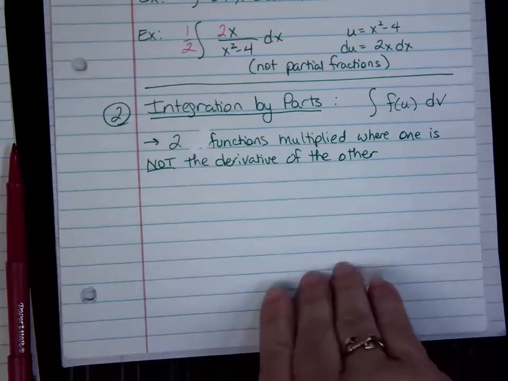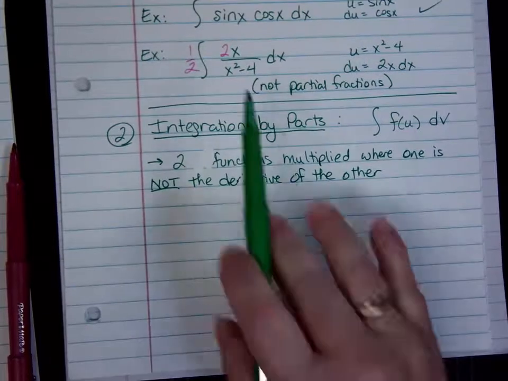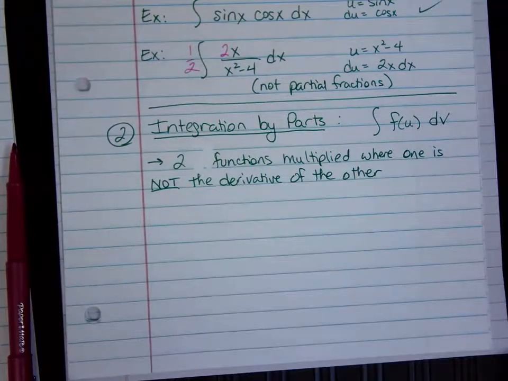At the very top of the screen you can see sine of x cosine of x dx. If it had said something like sine of x secant squared of x dx, the derivative of sine is not secant squared and the derivative of secant squared is not sine. So that would be a situation of integration by parts.